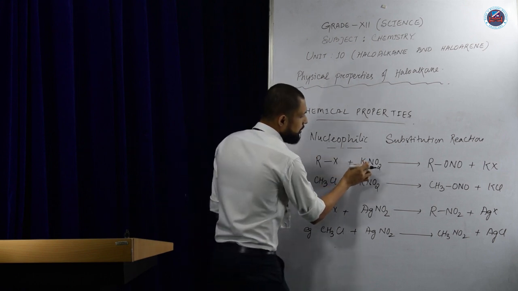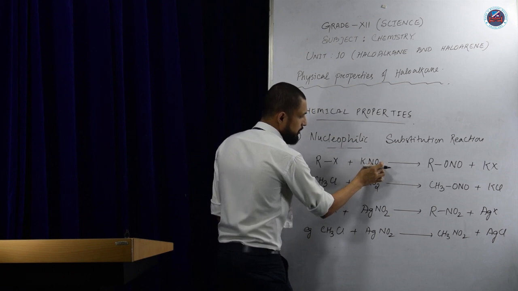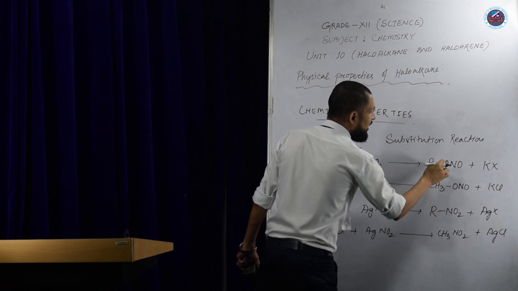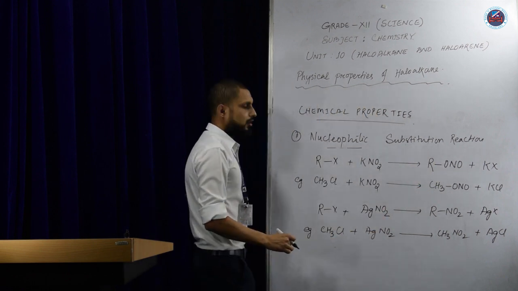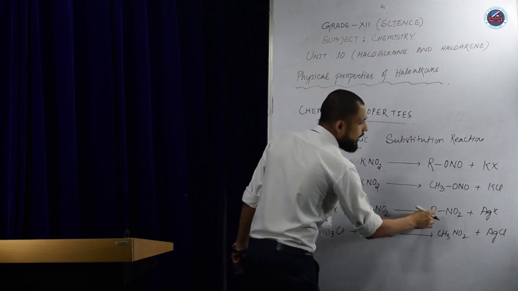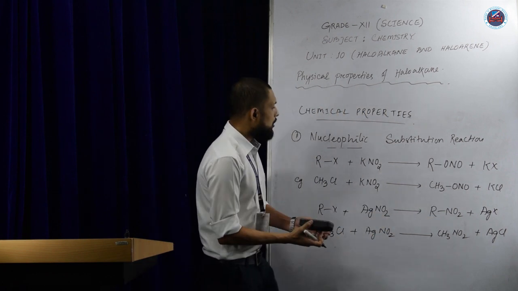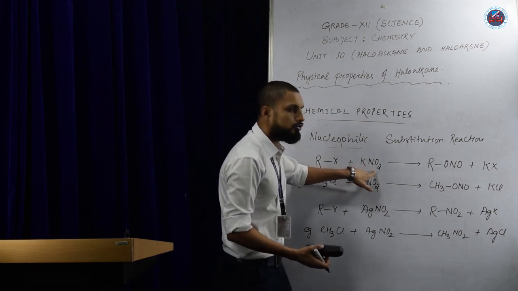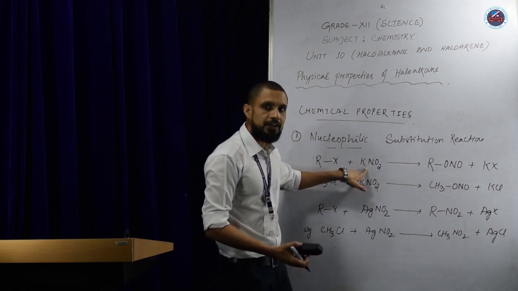Now, the same concept applies here. If you take potassium nitrite, KNO2, you'll get alkyl nitrite. But if you take silver nitrite, you'll get nitroalkane. If you take KNO2, KNO2 is ionic in nature.